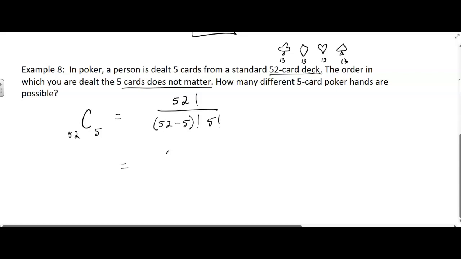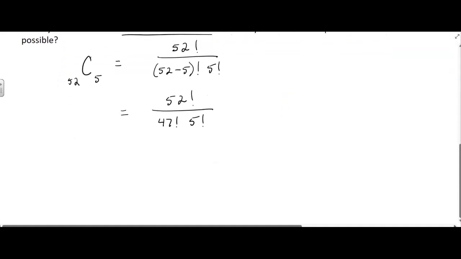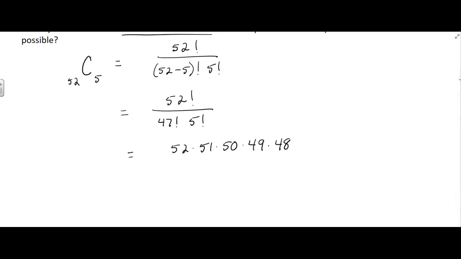Okay, that's going to be 52 factorial over 47 factorial, 5 factorial. And that's going to be 52 times 51 times 50 times 49 times 48 times 47 factorial.